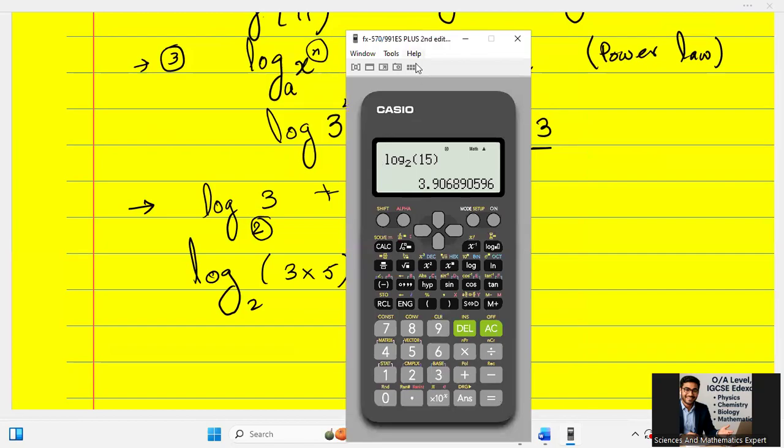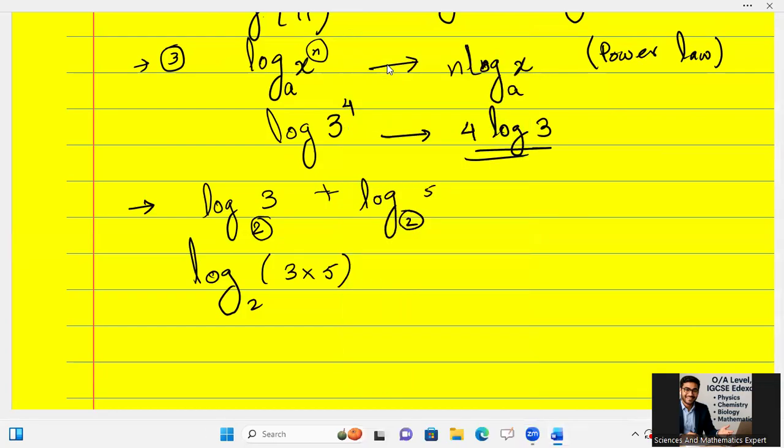But mostly he is just giving the expression to be simplified. So it is log 15 to the base 2, which is also approximately equal to 3.